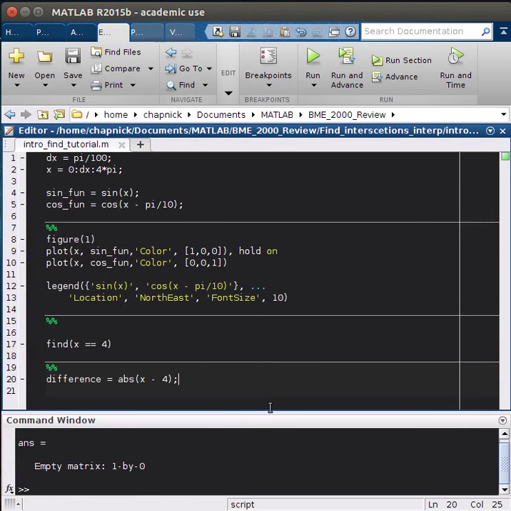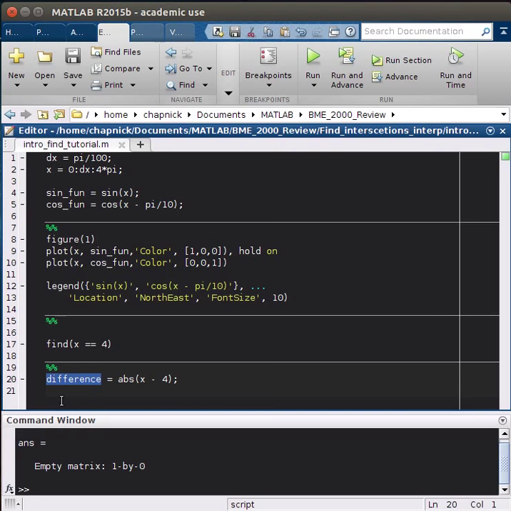This is going to give us a vector of the same length as x, each one giving a number for how far away that value of x is from 4. Intuitively, you would think that when this difference is a minimum, that would correspond to the value that's closest to 4.